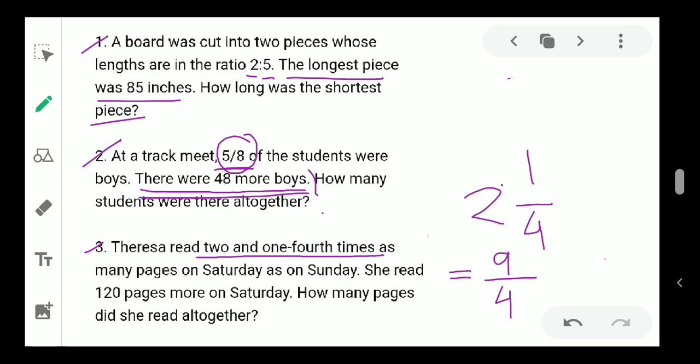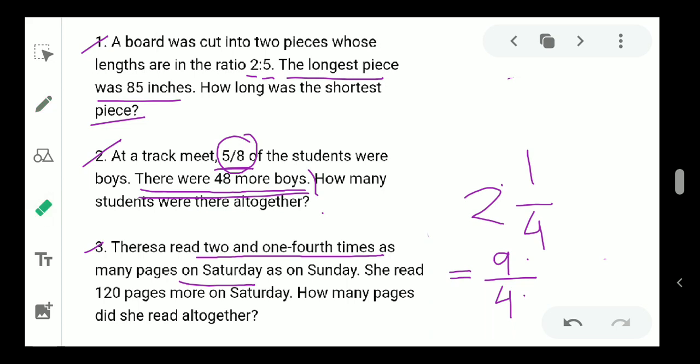So whatever she reads on Sunday, she reads 9/4 of that on Saturday.